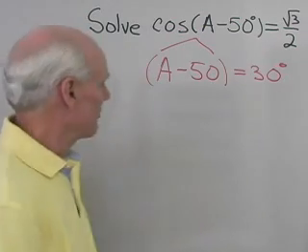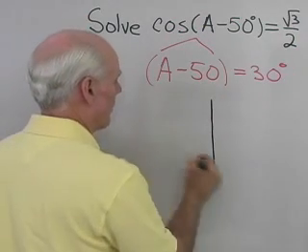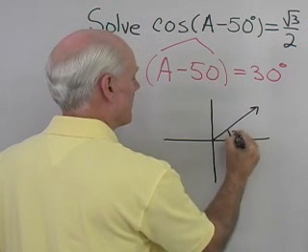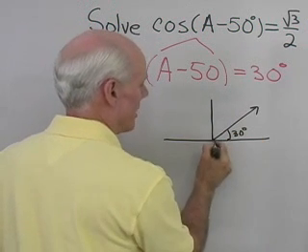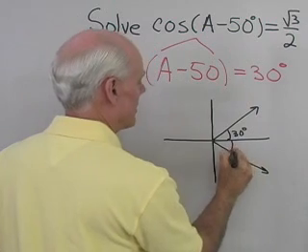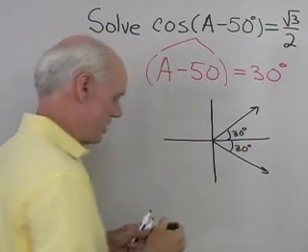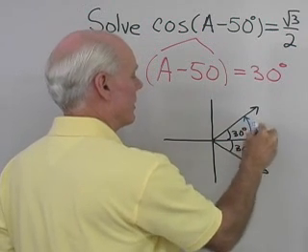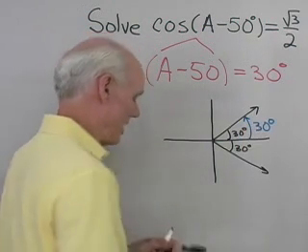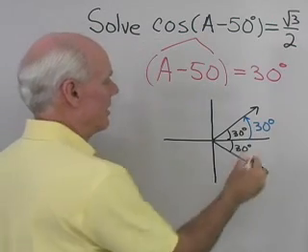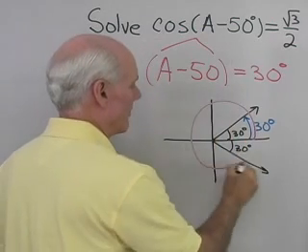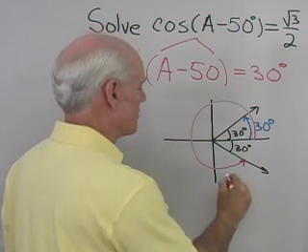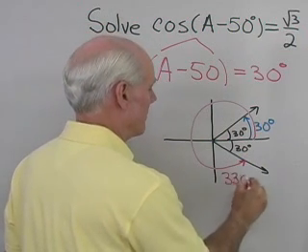So let's draw our little diagram here. I want a reference angle in quadrant 1 of 30 degrees. Looks like this. And I want a reference angle in quadrant 4 of 30 degrees. Looks like this. Okay, so where are my two angles? Well, my one angle is right here, okay, 30 degrees, and then my other angle is right here, which is 360 degrees minus 30 degrees, which is 330 degrees.